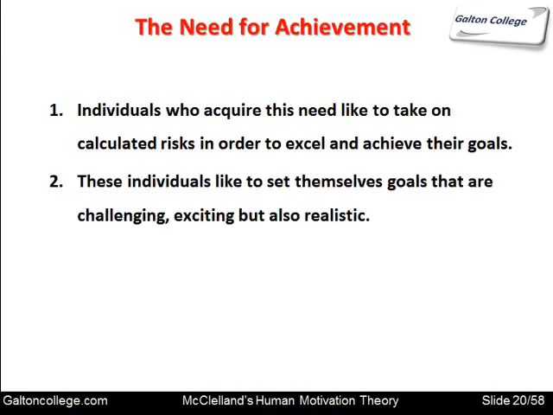These individuals like to set themselves goals that are challenging and exciting, but also realistic. They can be done. So they like to have something which is difficult and challenging, but they can do it. And when they've done it, they like the applause and the praise that they get for having achieved that particular task.